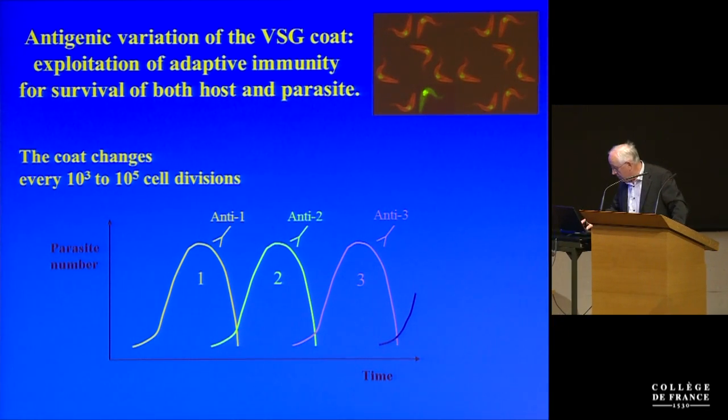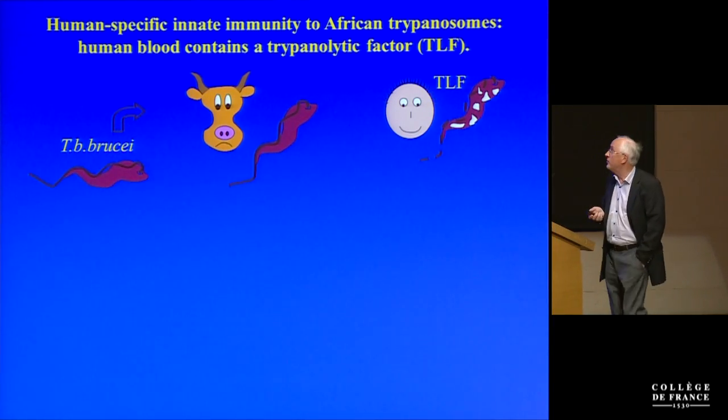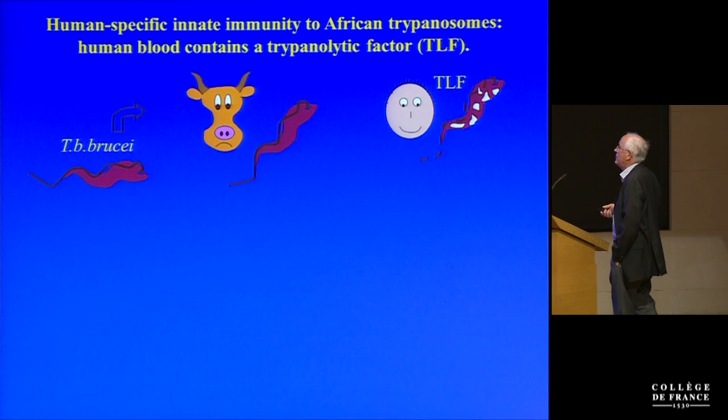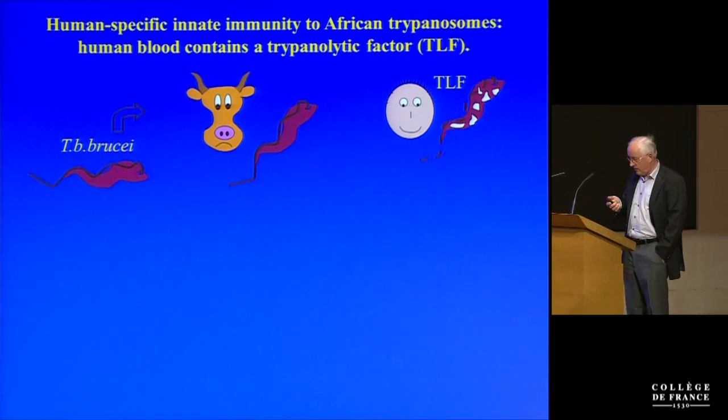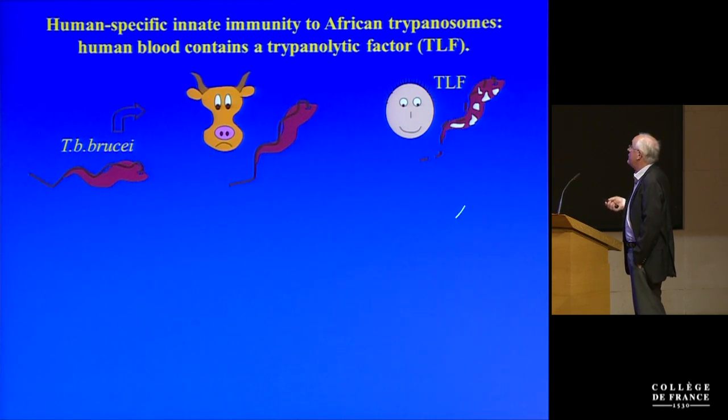Well, there is another characteristic of the interaction that takes place between the African trypanosomes and the immune system of the host, which is this special system of resistance of humans in particular.